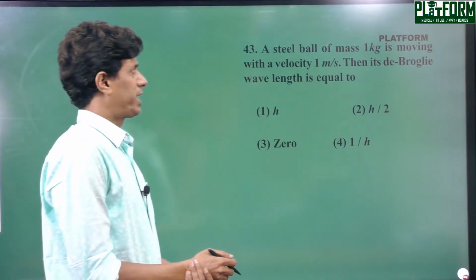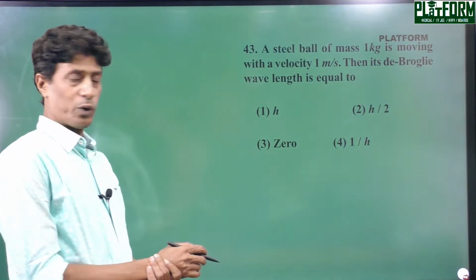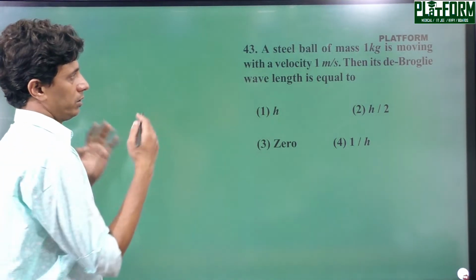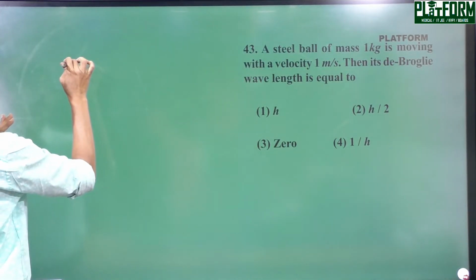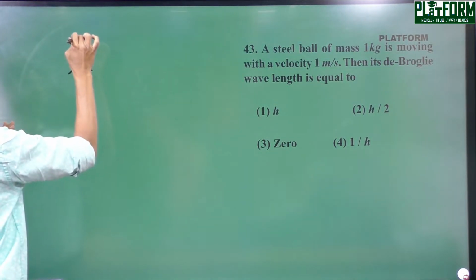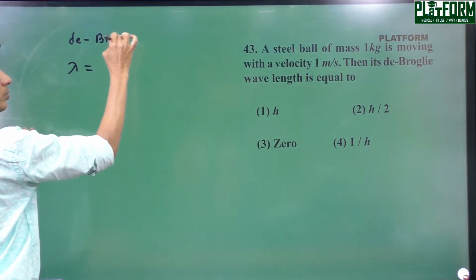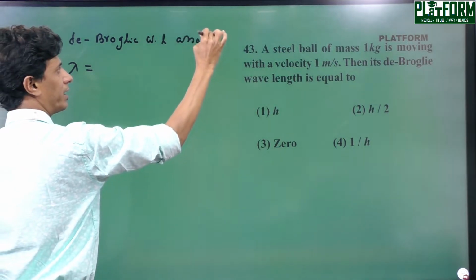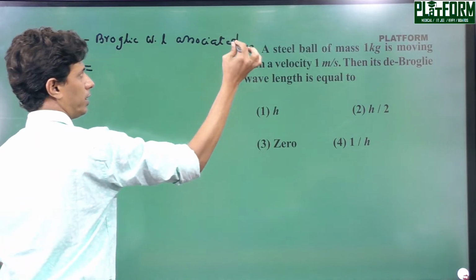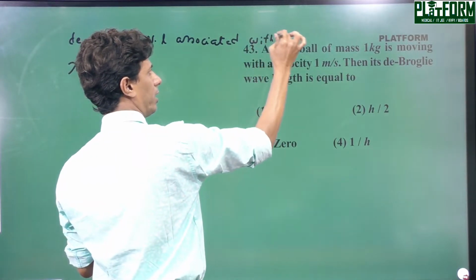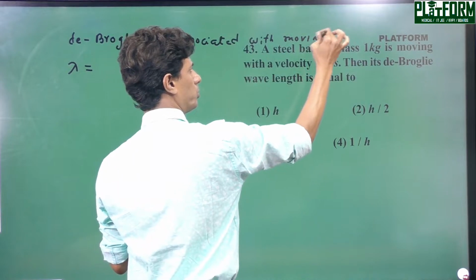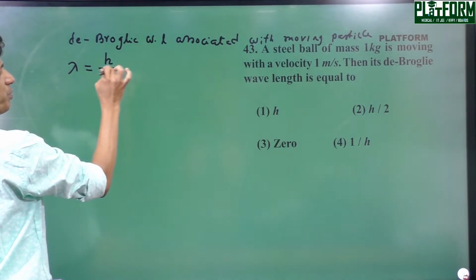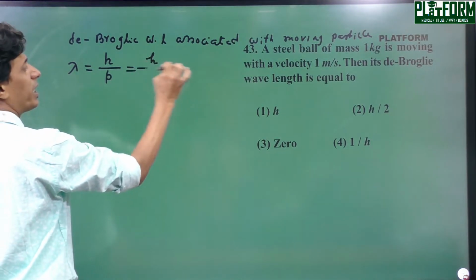A steel ball of mass 1 kg moving with velocity 1 meter per second, its de Broglie wavelength is equal to... it is also taken from the deleted topic. The de Broglie wavelength associated with a moving particle is lambda equal to h by p, that is h by mv.